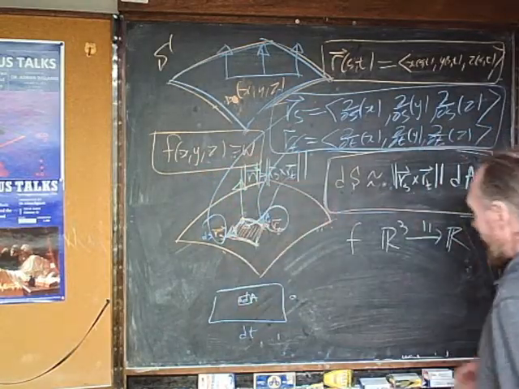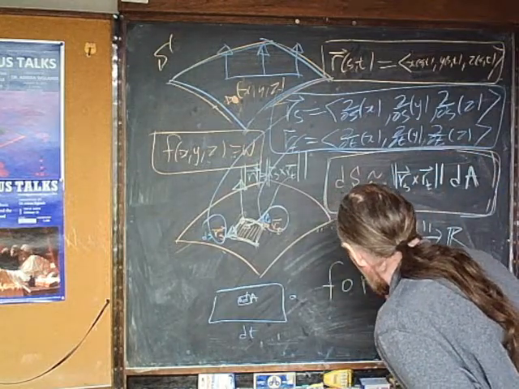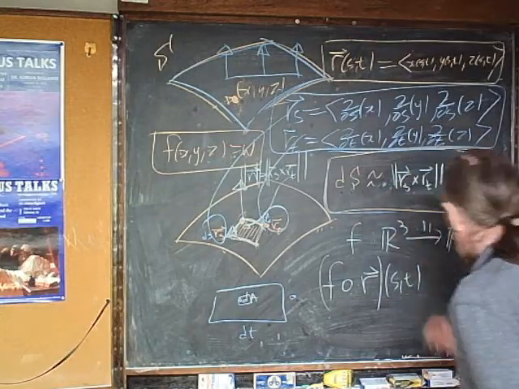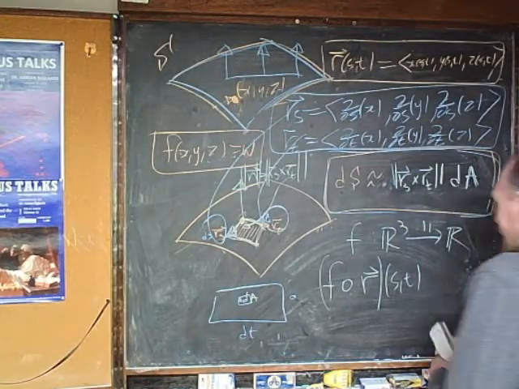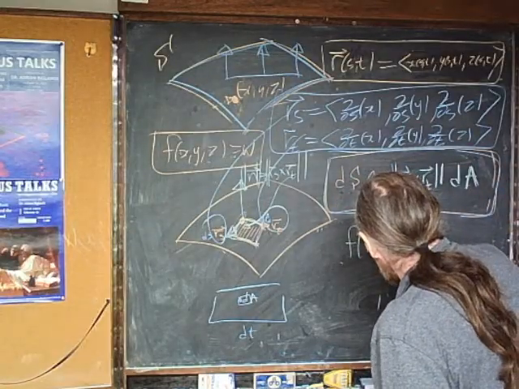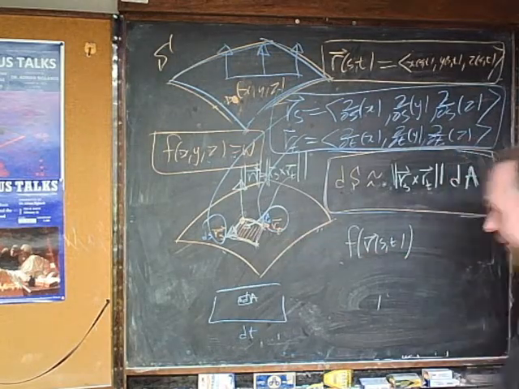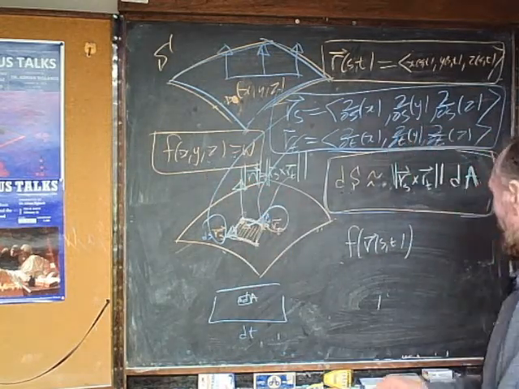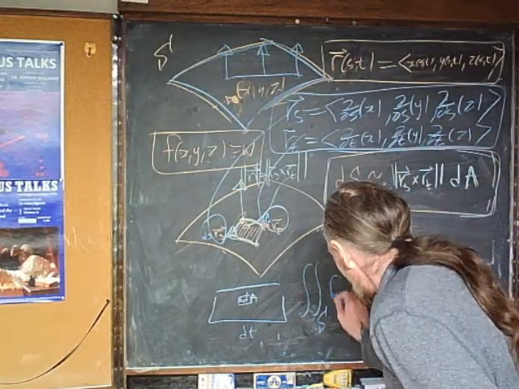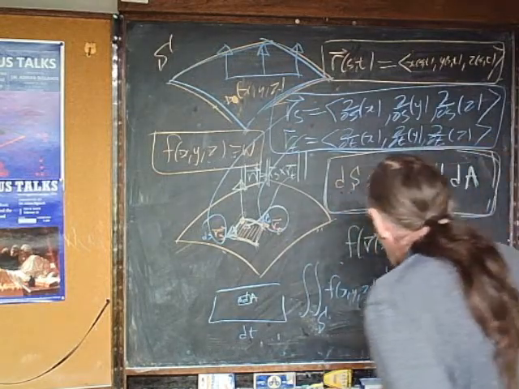So we want to pull it back to the surface. And so what we're going to do is compose it with our vector r. This is what they call in the book f of r of (s,t), or (u,v) is what he calls it. So we're going to pull the function back to the surface. Therefore, we want to know what the surface integral of this scalar function xyz dS is.